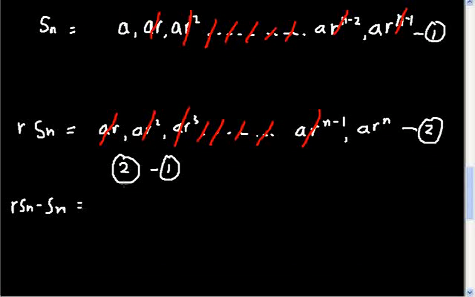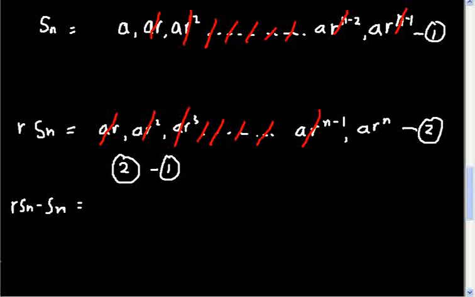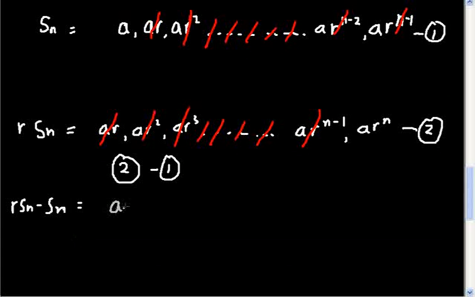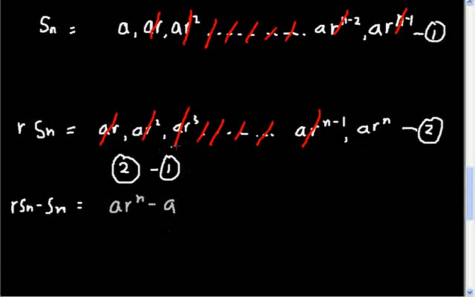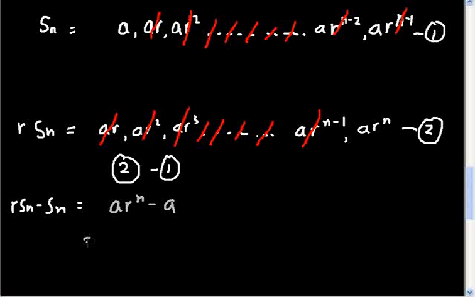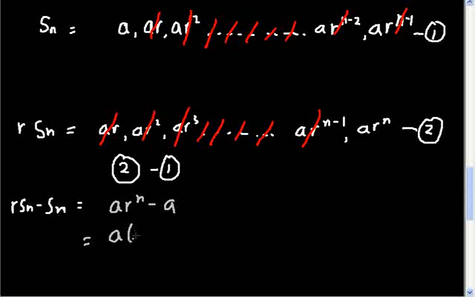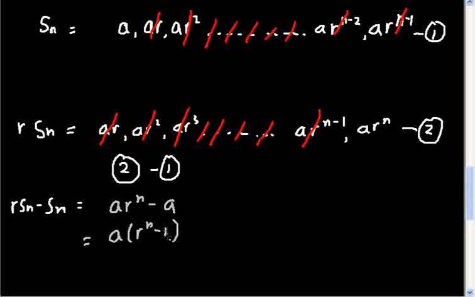Because we are taking this away from this, you would get ar^n minus a, because all the other terms are cancelled. So if I were to factorize a, I would be left with a(r^n - 1).